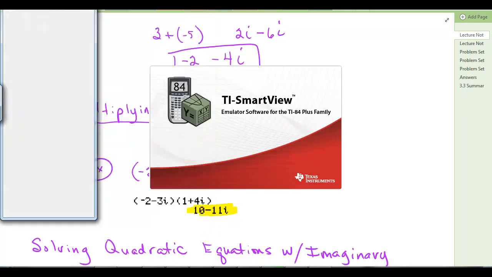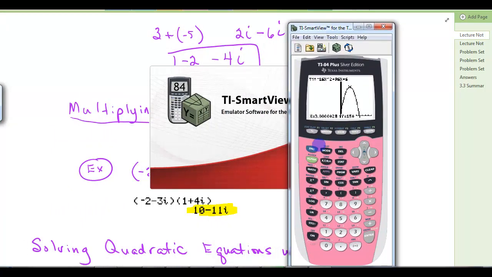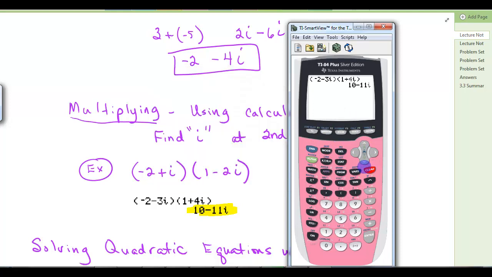Okay. So we'll second quit out of that, and let's just clear that and put that in again. Down here above the decimal is an i. So second and the decimal does give you the i.